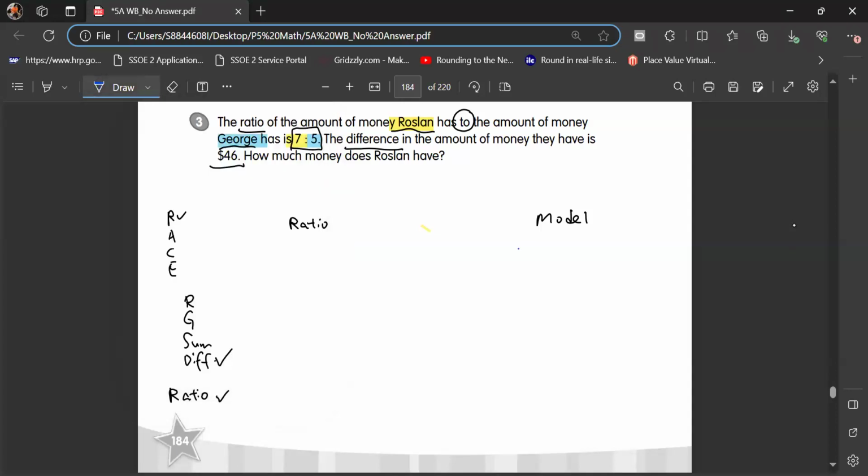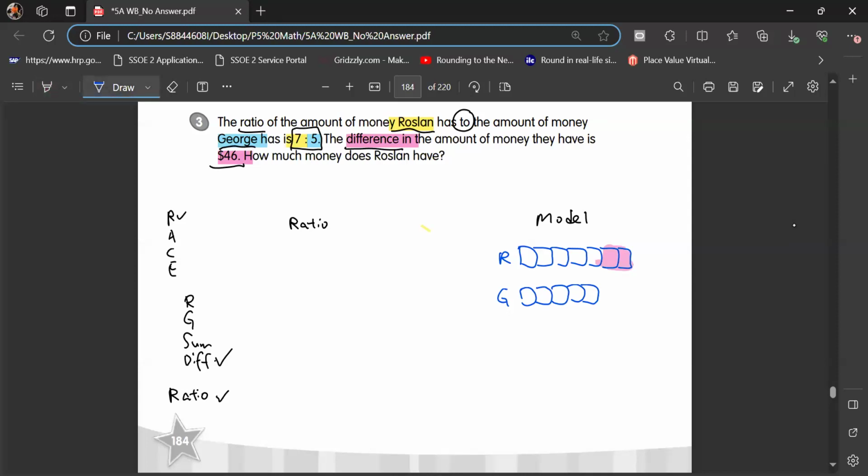So Mr. Roslan is 7 units. 1, 2, 3, 4, 5, 6, 7. And George is 5 units. 1, 2, 3, 4, 5. As much as possible, draw them quite equally. With this, you can see that they talk about the difference as 46. Once you can draw this model out, it's talking about the difference in the two of them, like how they are different from each other, which is these 2 units.